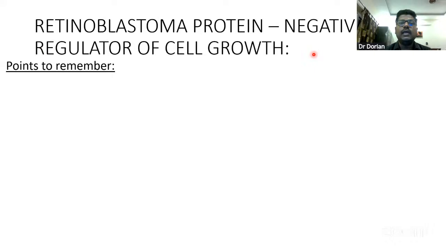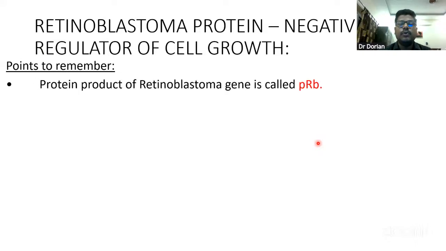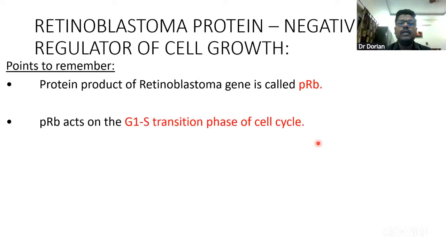And then they escape the negative regulation of cell growth by retinoblastoma protein. Retinoblastoma is another tumor suppressor gene, functioning as a negative regulator of cell growth. The points to remember: the protein product of the retinoblastoma gene is called pRB. You know that pRB acts on the G1/S transition phase of the cell cycle.